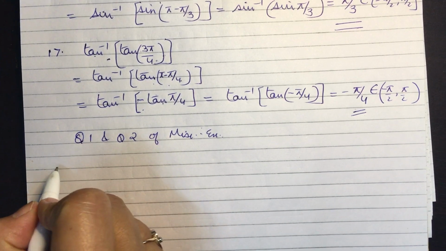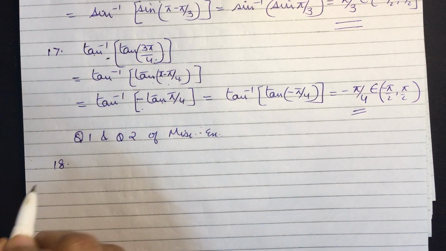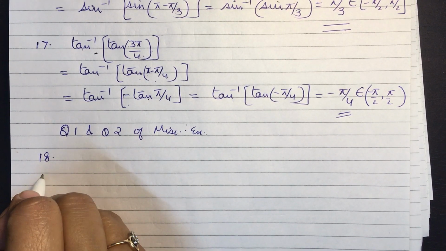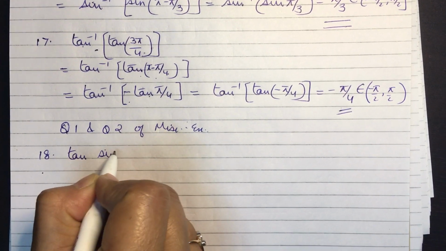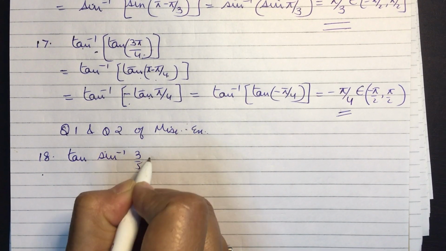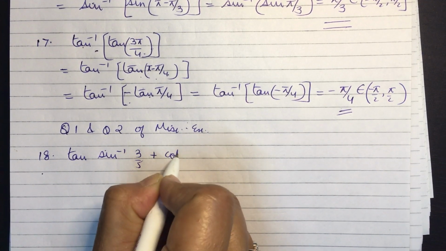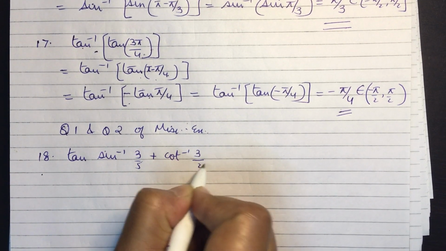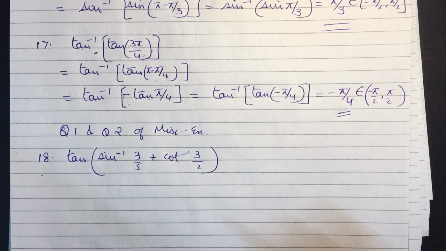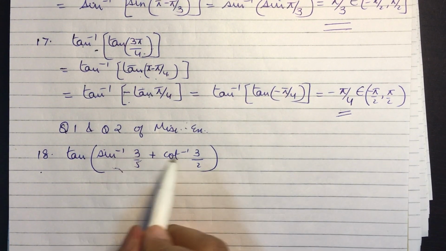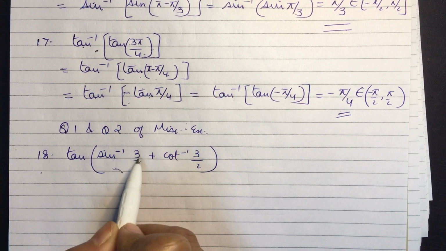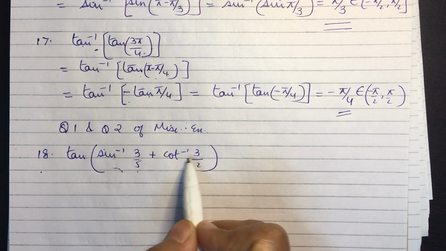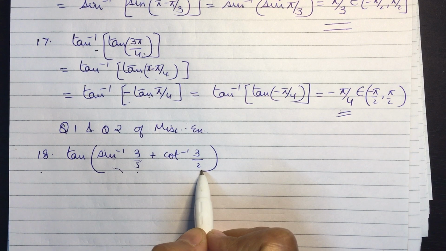Now let's quickly take another kind of question, which is question number 18. Tan of sine inverse 3 by 5 plus cot inverse 3 by 2. Now we haven't done any result which gives us the value of sine inverse 3 by 5 directly or cot inverse 3 by 2 directly.